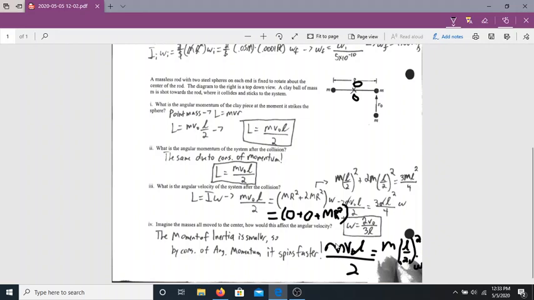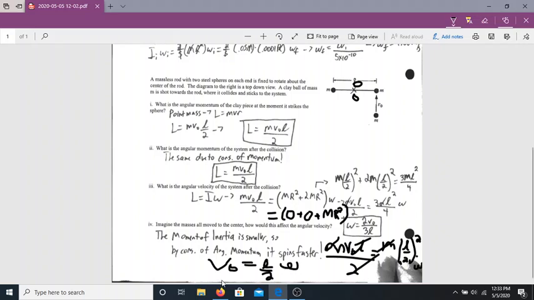Now, of course, you can simplify some stuff out. You can get rid of this mass. You can actually get rid of an L over 2 on this side and the L over 2 on this side. So you're left with basically v naught equals L over 2, and I apologize for this really good handwriting, times the new spinning velocity.